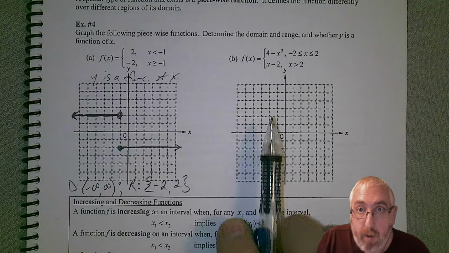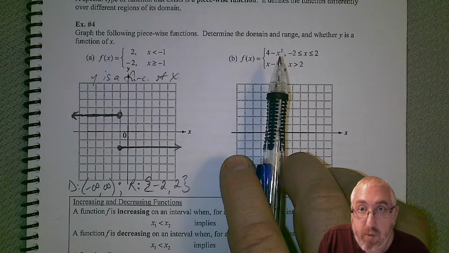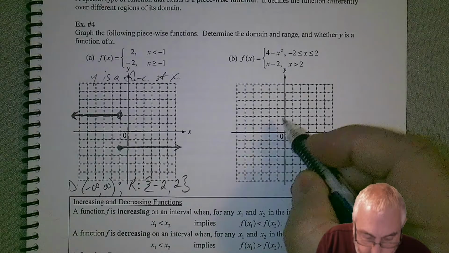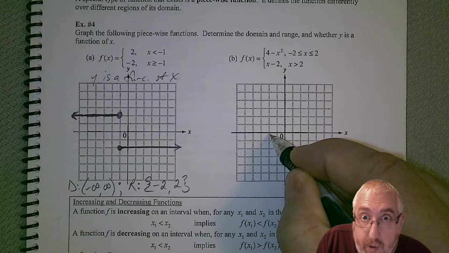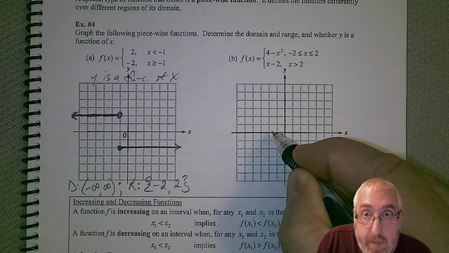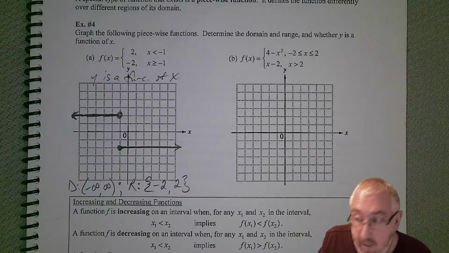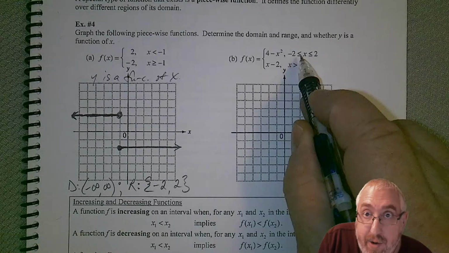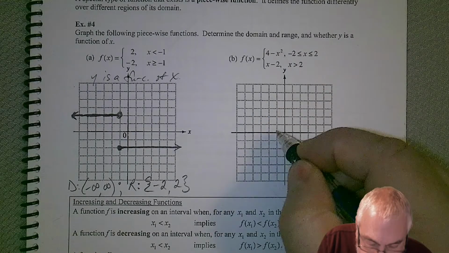Well, if we plug it in, -2 squared is positive 4. 4 minus 4 is 0. So we're going to want to put a solid or an open dot here. You better be saying solid because of that less than or equal to here. So a solid dot would go right there.